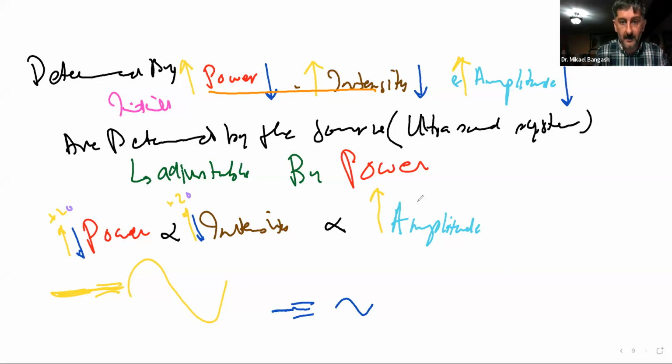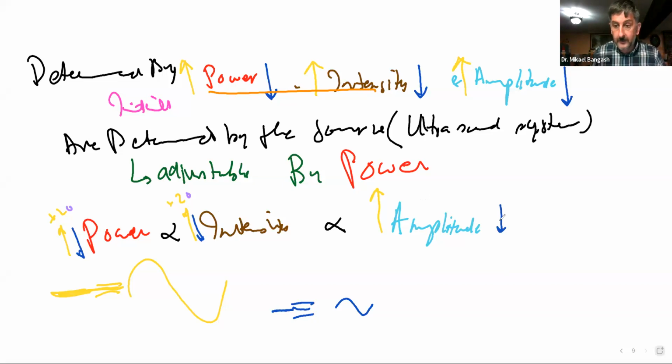Likewise, on the other side, when power decreases, intensity decreases, and amplitude decreases. Did that make sense?